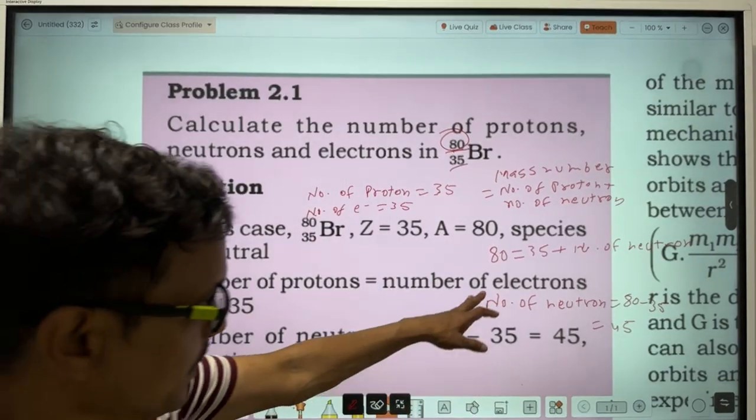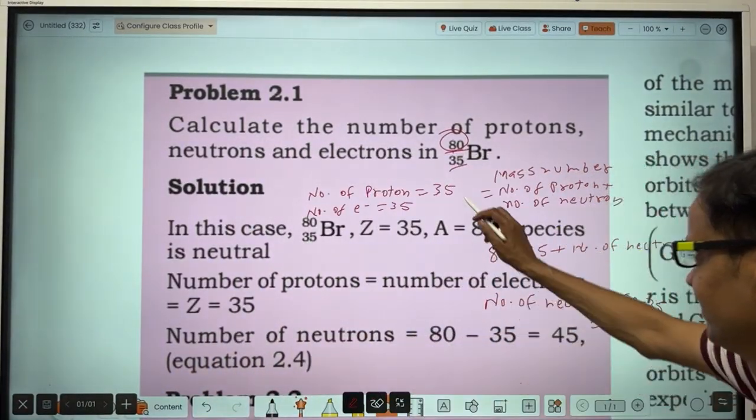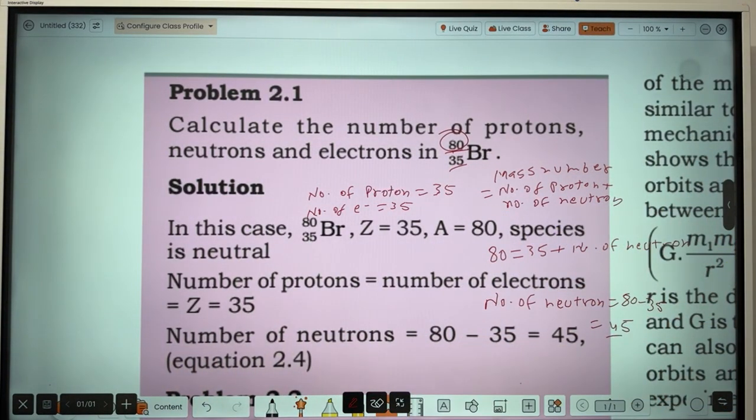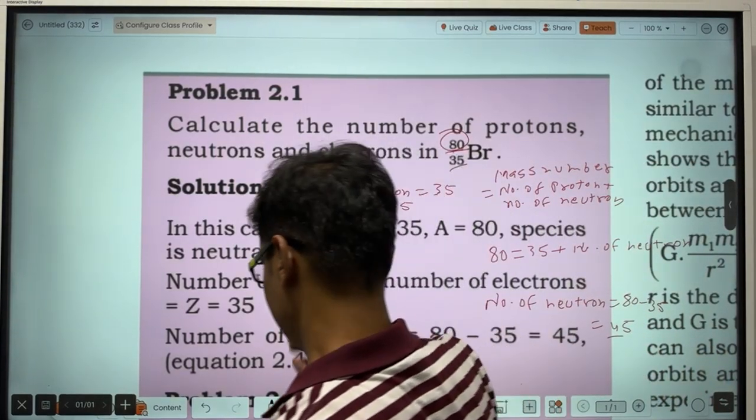So the number of protons is 35, but the number of neutrons is 45. Okay guys.